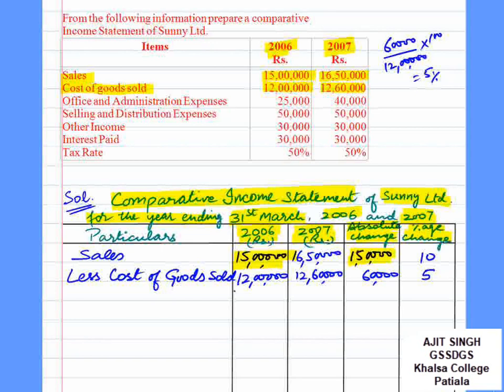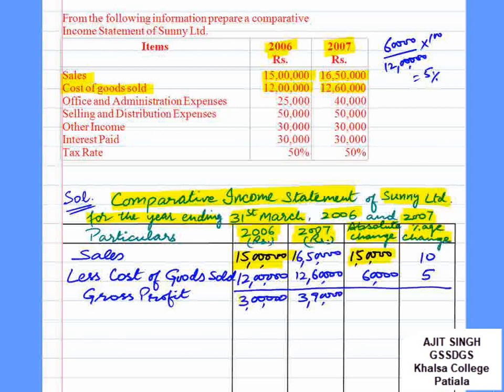Now we can calculate gross profit. In the first year, that is 2006, it comes to be 3 lakhs, that is 15 lakhs minus 12 lakhs. In the second year, it is 3 lakh 90,000, that is 16 lakh 50,000 minus 12 lakh 60,000.